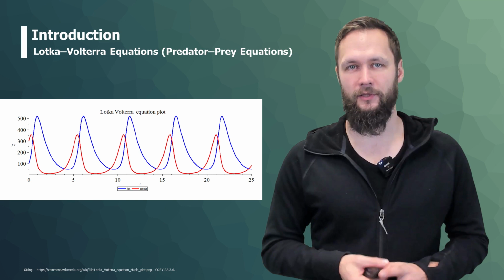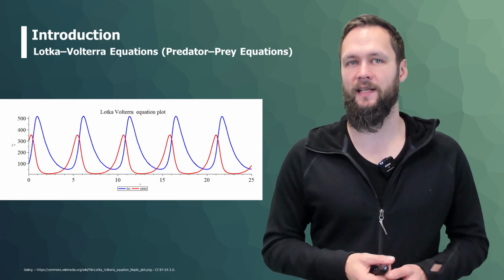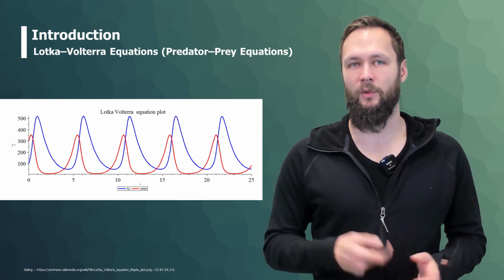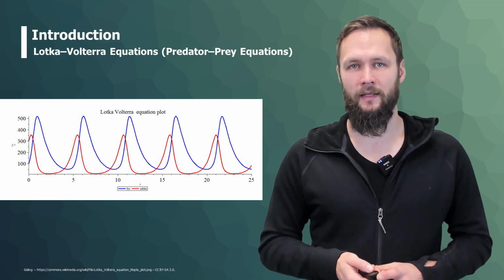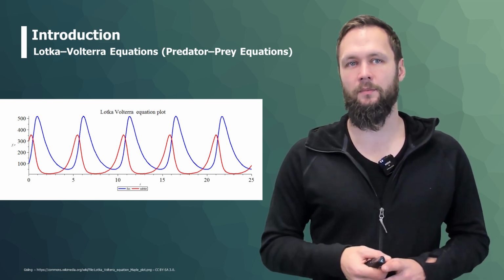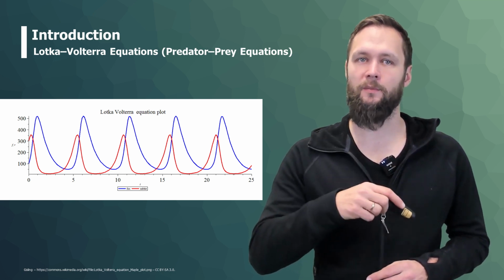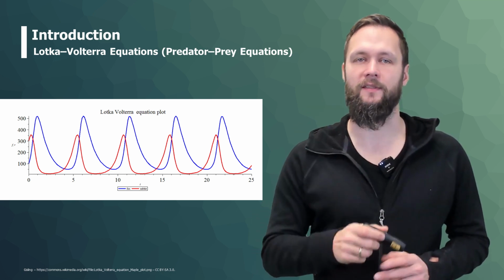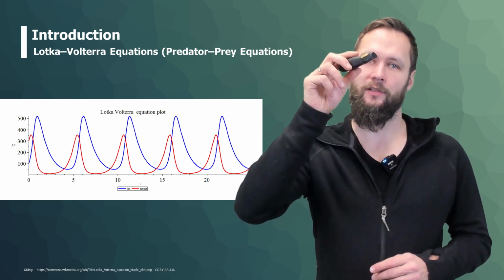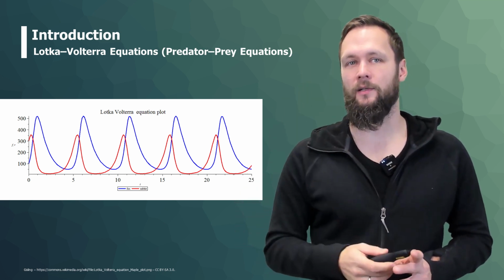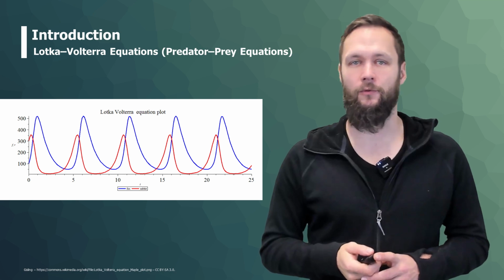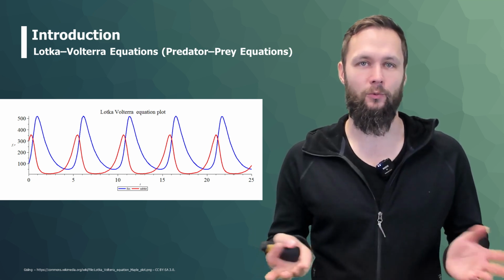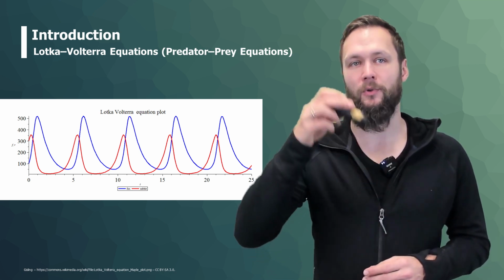In most examples, you have foxes and rabbits, as represented by these two curves on the screen. The rabbits, in red, have a certain start population of 300, and the population goes up. The more rabbits you have, the more interesting this area becomes for foxes, because foxes like to eat rabbits. So the fox population goes up too.